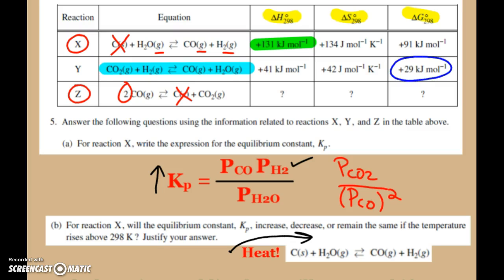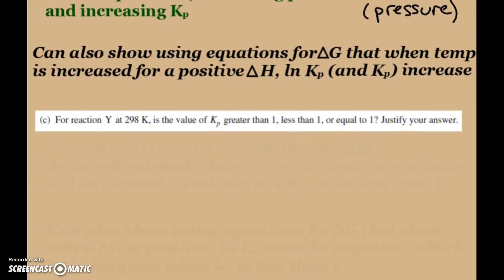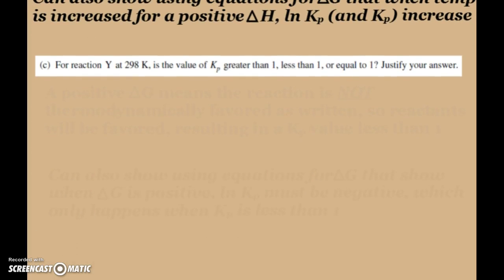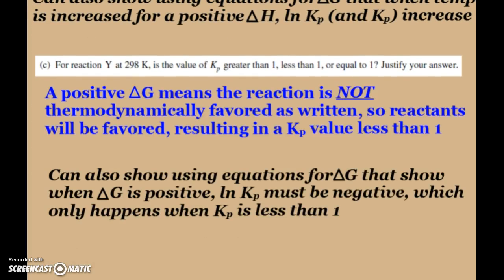Delta G tells me, is this a thermodynamically favored reaction as written? Positive delta G? No, it is not. And so that means there's going to be more reactants than products. So therefore, we will have a Kp less than 1.